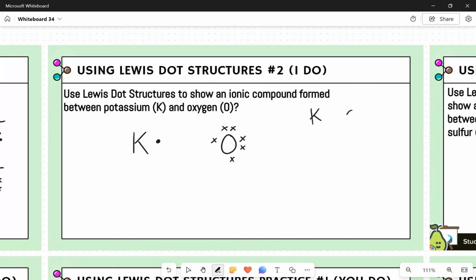We put K, we put O, potassium's 1 plus, oxygen's 2 minus, crisscross, and we're going to end up with K2O. So I know I'm going to need 2 potassiums. So I'm going to go ahead and add another one here. Now I'm going to show how those electrons are transferred over.